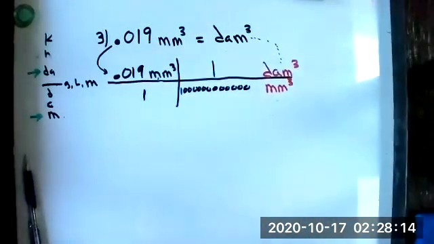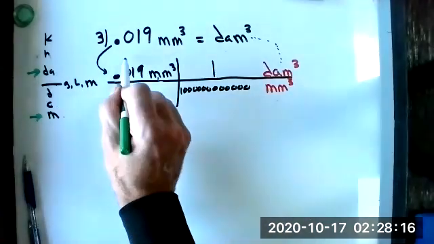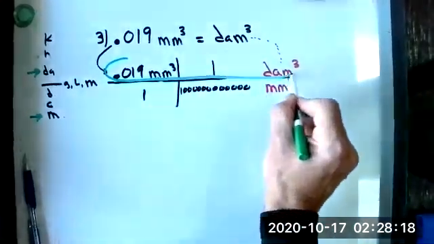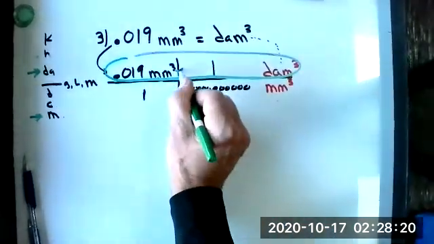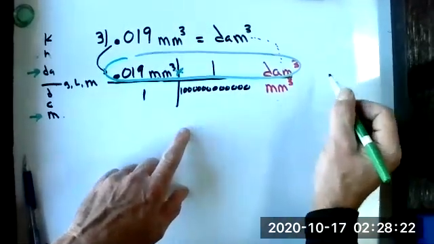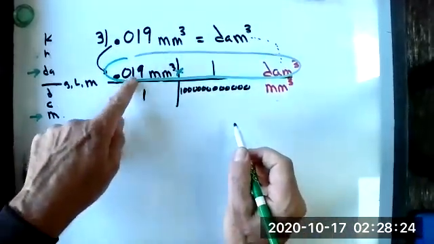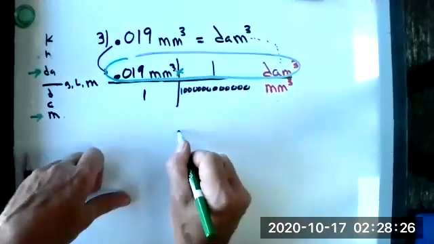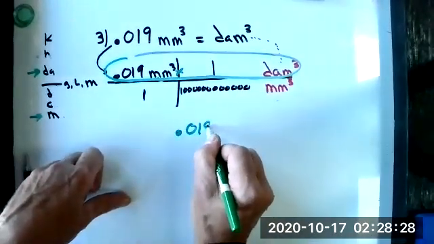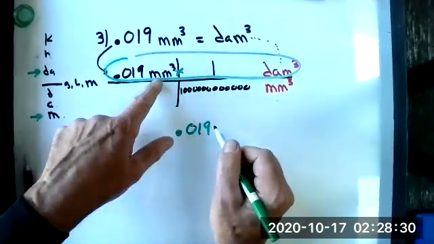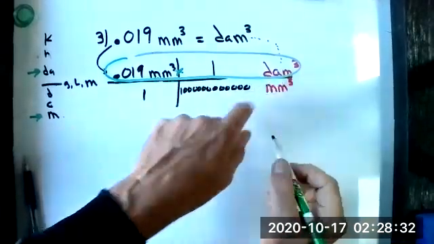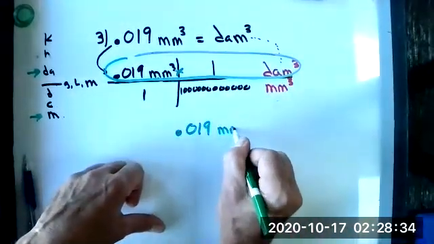And now you're just doing the same thing you did before. You're going to multiply these tops. I'm going to put it down here. I'm going to be out of room here. 0.019 times 1. Still the same number. Millimeter cubed times decameter cubed.